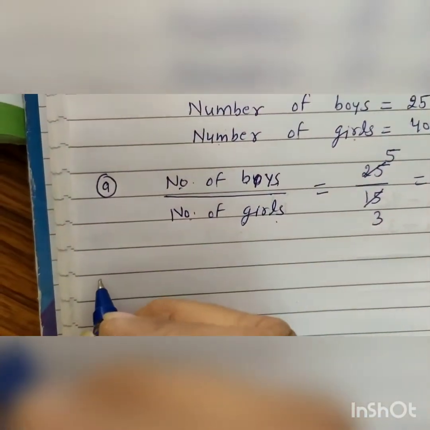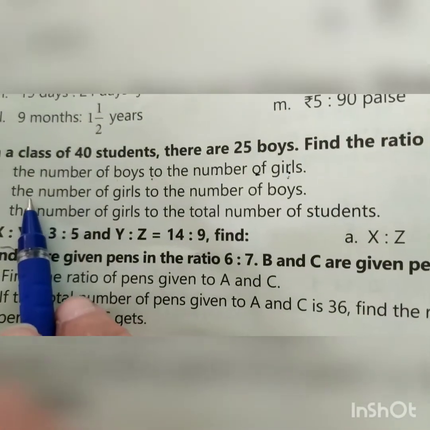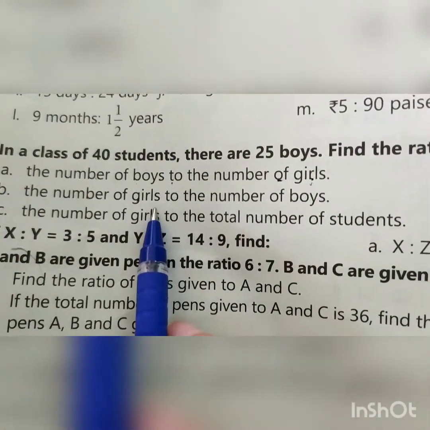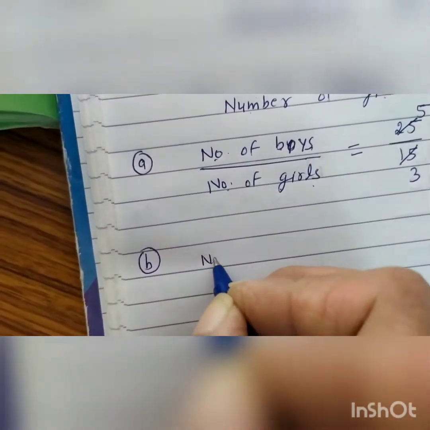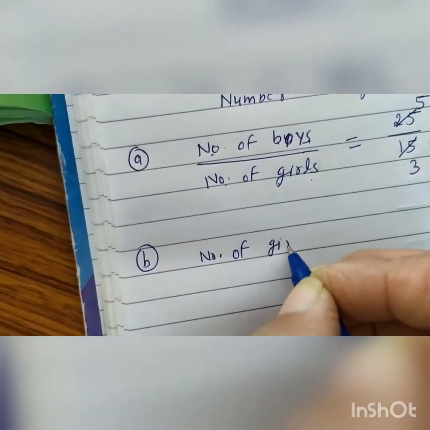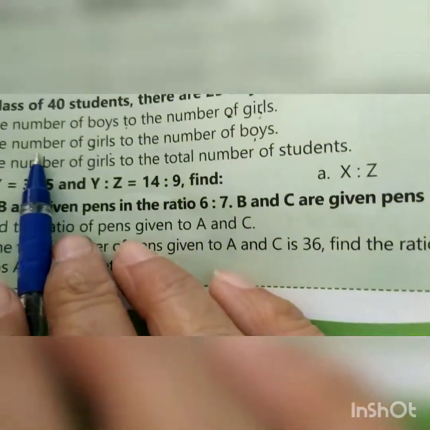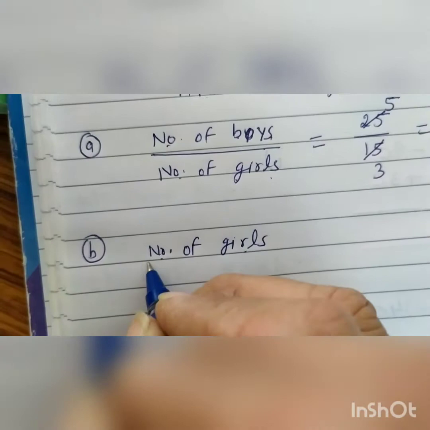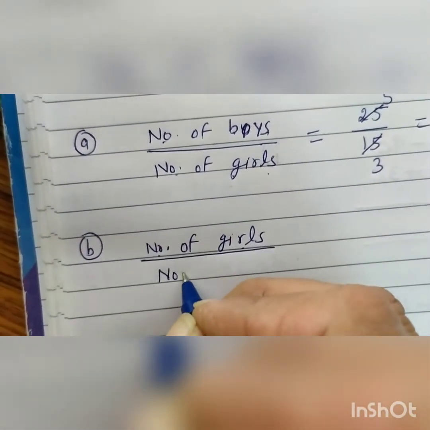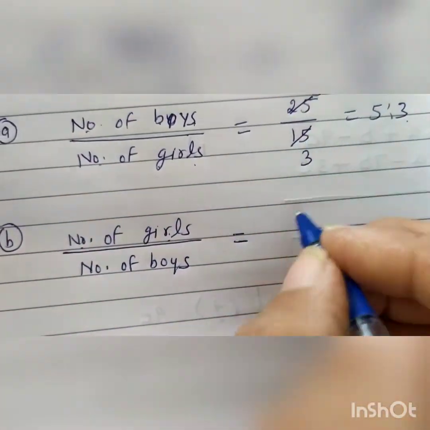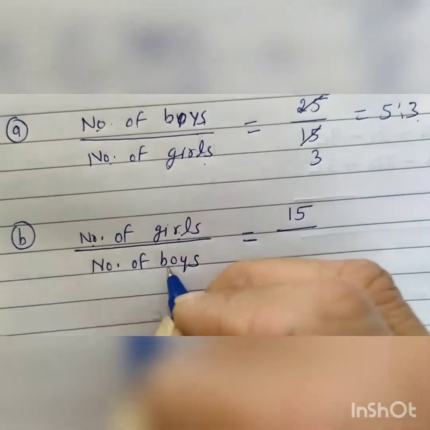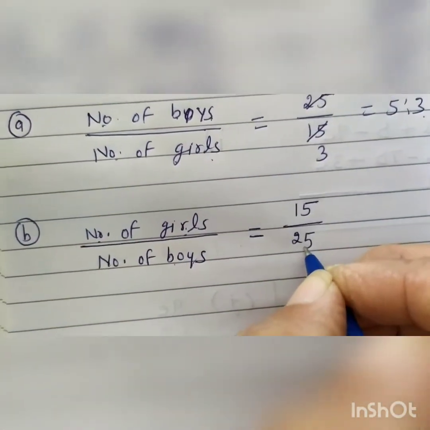In the same way, we will solve B part. In B part, we have to find the ratio of the number of girls to the number of boys, means opposite of it. So first we will write number of girls. This time number of girls is written first, so we will write number of girls in the numerator. Number of girls upon number of boys is equal to 15 upon 25.